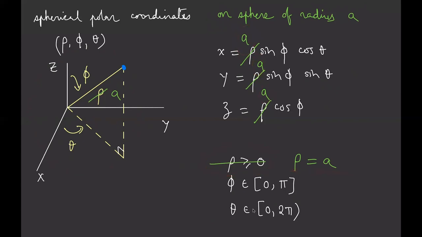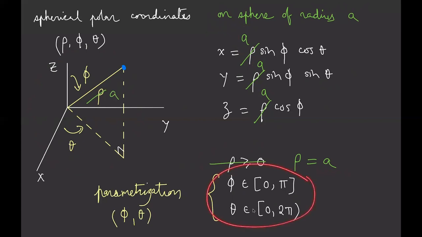So on the sphere I have these properties, and that tells me that rho is a constant, and I have these two things which are varying. Here is my coordinate system for the sphere, and this is my parameterization. Here are my two parameters, phi and theta, for the sphere. These are going to play the role of my u and v.